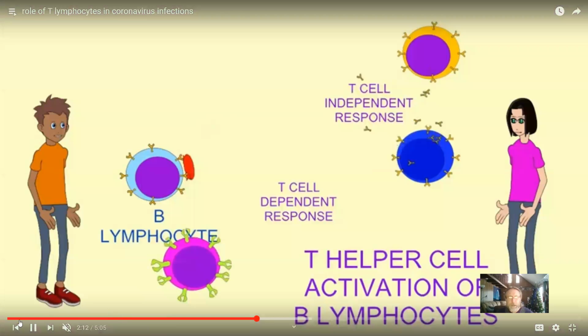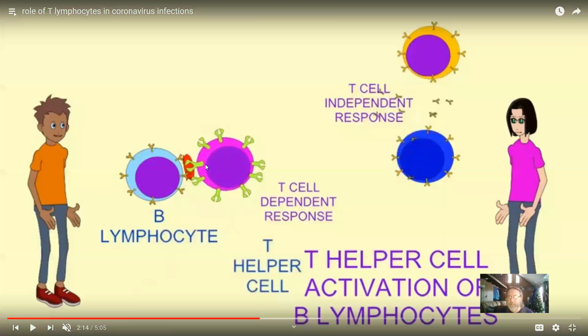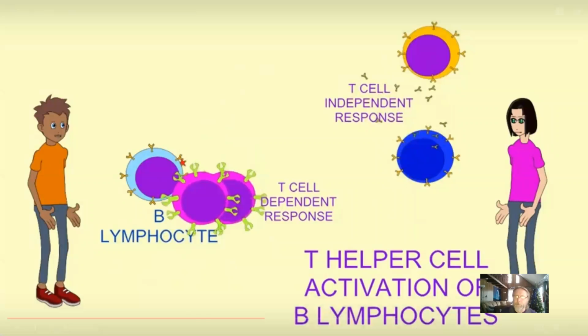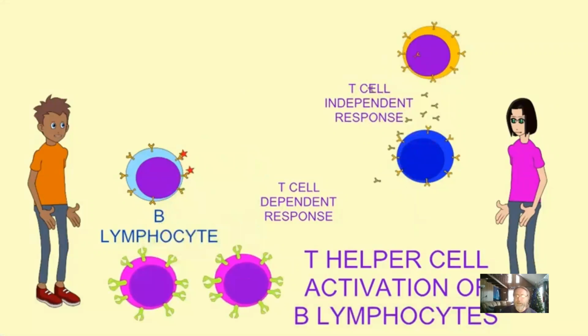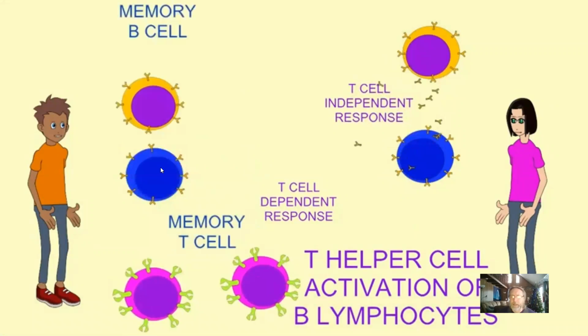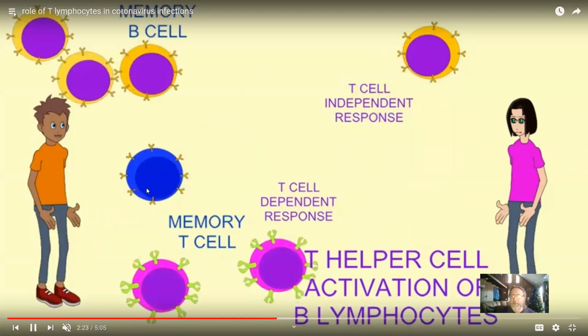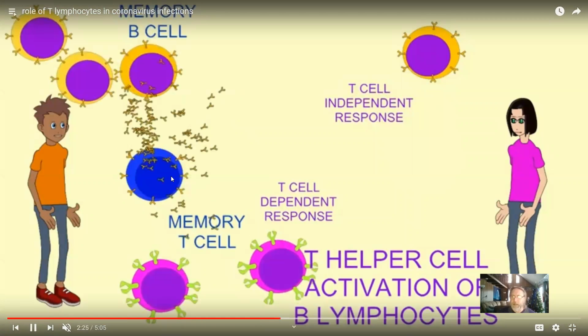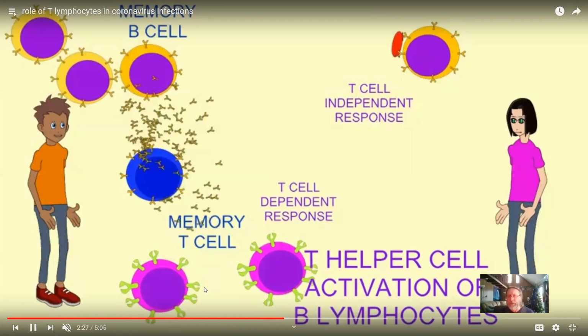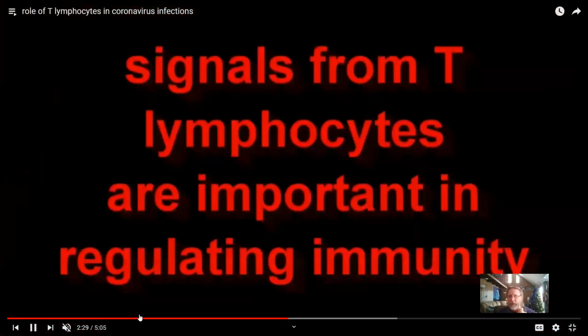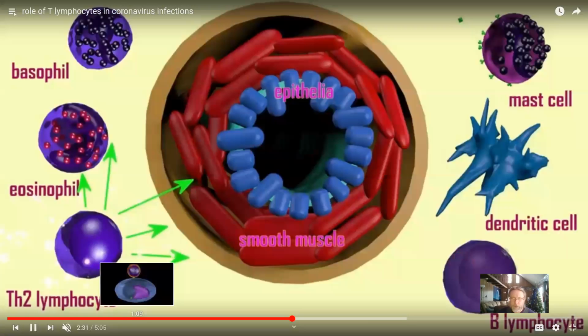So here, you can see here's a B lymphocyte and here's the T helper cell, which is then stimulating it. And after the T helper cell stimulates it, then the B lymphocyte makes lots more antibodies, and the response with the help of the T helpers is much greater than it would be without it.